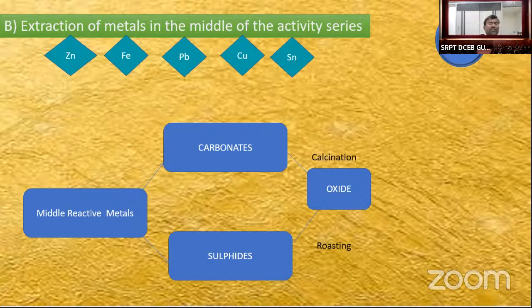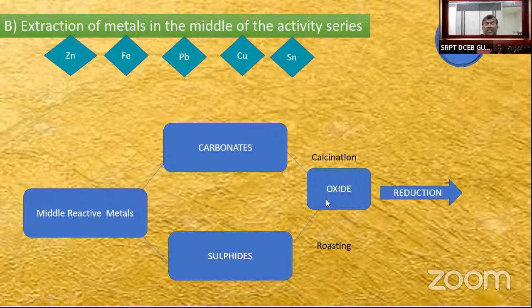The first step of extraction of the carbonate and sulfide ores is that they have to be converted into oxide form by means of roasting or calcination. We will learn about what is roasting and what is calcination in the course of our class.